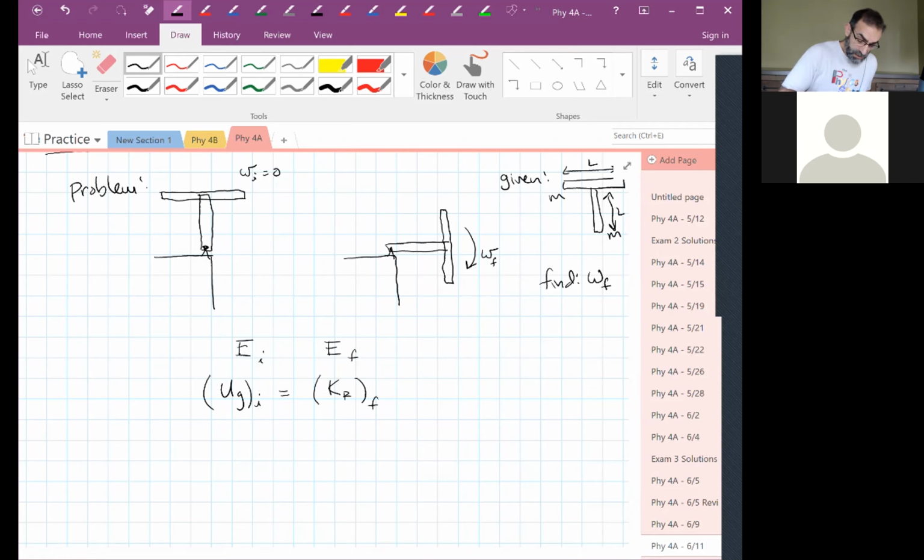If you would like to, we could do the center of mass of the system. The center of mass of the system is halfway between here and here, right? So it's at 3/4 L. Or you can just do the two individual rods, whichever you prefer. So this is going to be MGH. M is 2M.